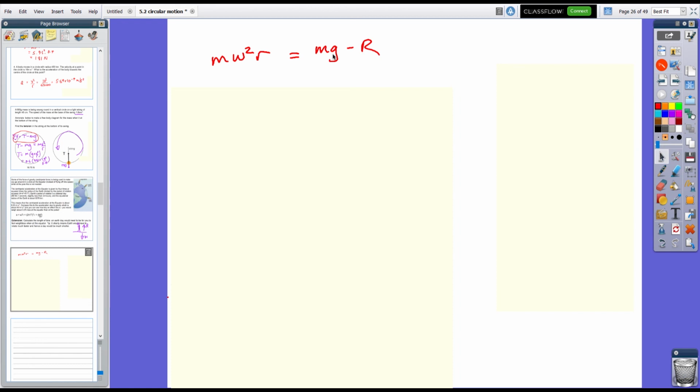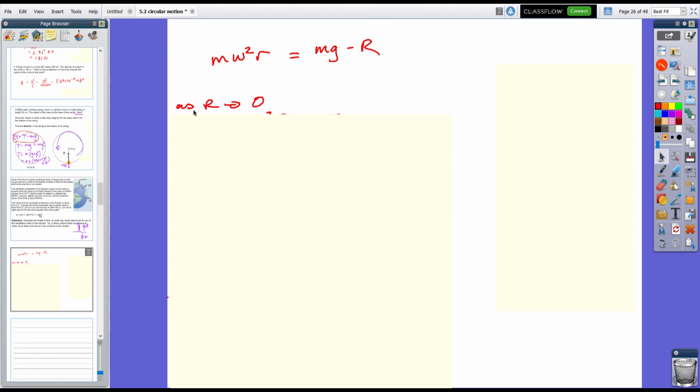The faster the Earth spins, the more your reaction force, your normal contact force, will go down, because you need a bigger percentage of your mg to provide your m omega squared r.